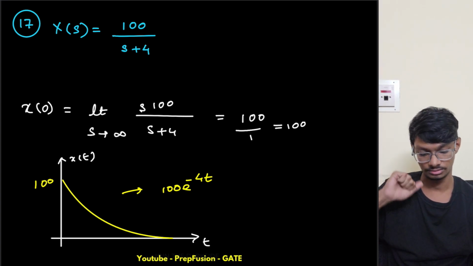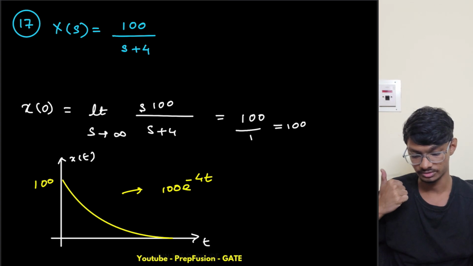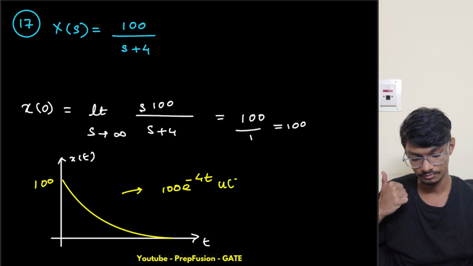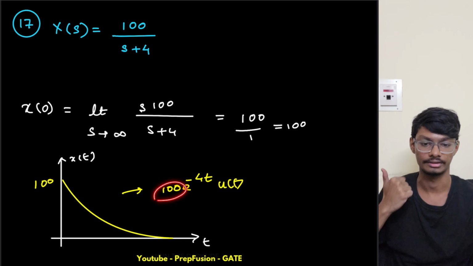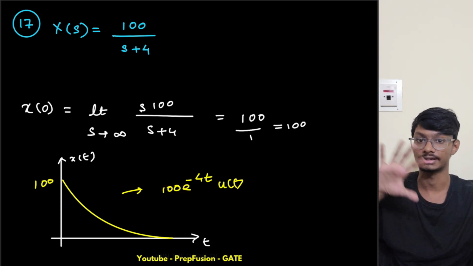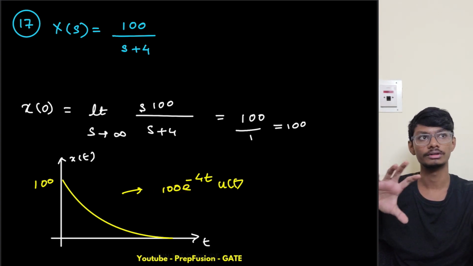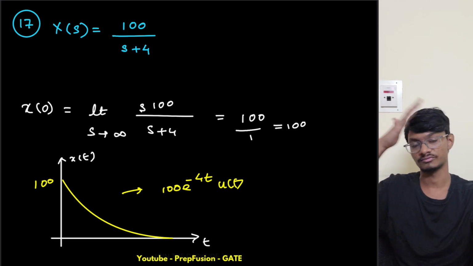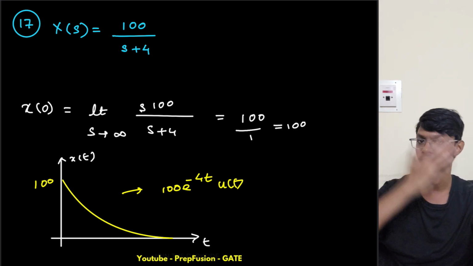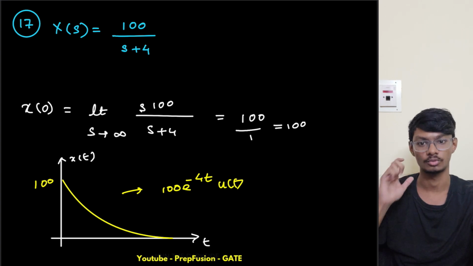So like this also you can find the initial value. Here you put the value of x of 0 and you will get 100. So you can do it this way also, but the other is a much better approach. When finding the time domain expression, the Laplace inverse, is difficult, you can directly get the initial value from the Laplace domain only.